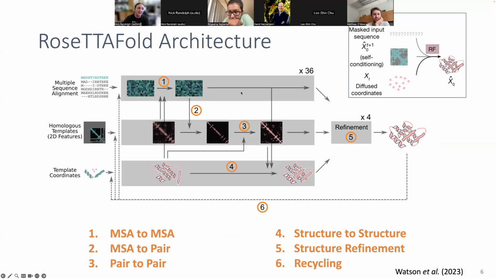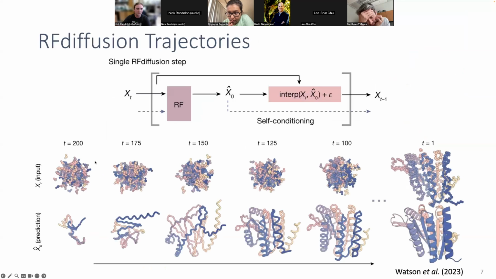So yes, kind of. Like you said, we don't have a sequence, so the sequence is really just masked out. There are all these question marks here. That means this initial sequence is all just masked tokens going through the MSA portion at first. The self-conditioning is what goes into these pair features here. Like I mentioned, the self-conditioning comes from these ground truth predicted structures.